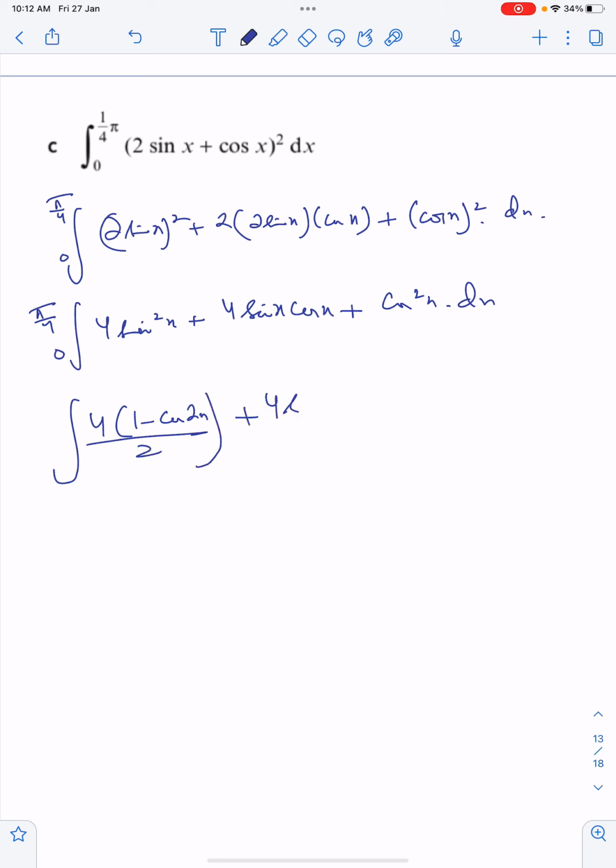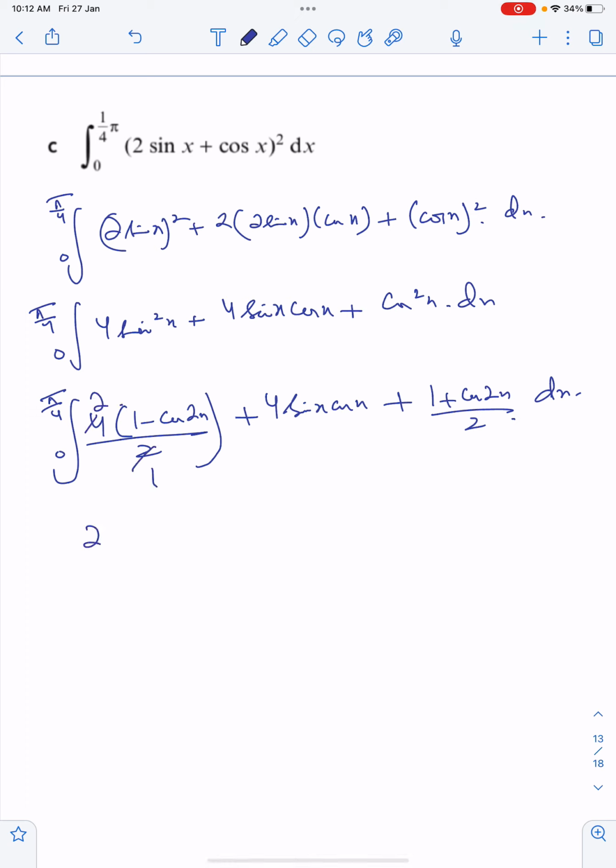Plus 4 sine x cos x. I can leave it like this, and I will use the product law here. As far as cos square x is concerned, I can write 1 plus cos of 2x divided by 2, dx here. This will cancel out.